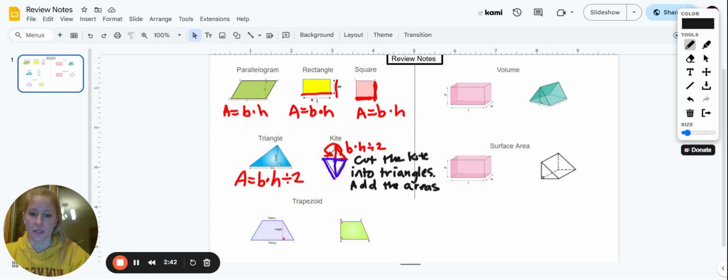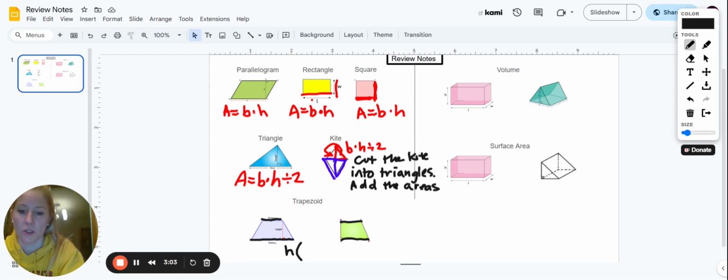Okay, so that's the kite, and then the 2 shapes below are trapezoids, and remember the trapezoids, you need to find the bases. They're always the parallel ones that will never cross, so those are the bases on that one. These are the bases on the one on the right. And the formula is you take the height, you multiply that by the 2 different size bases, base 1 and base 2, and then you divide that by 2 because we added 2 bases together.